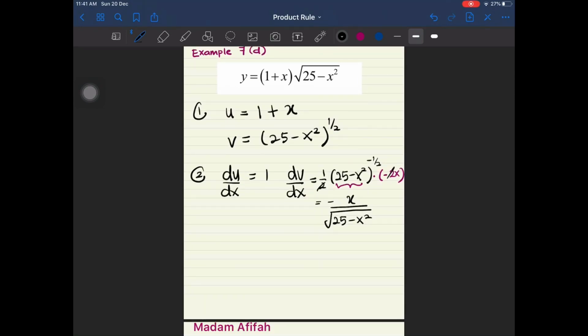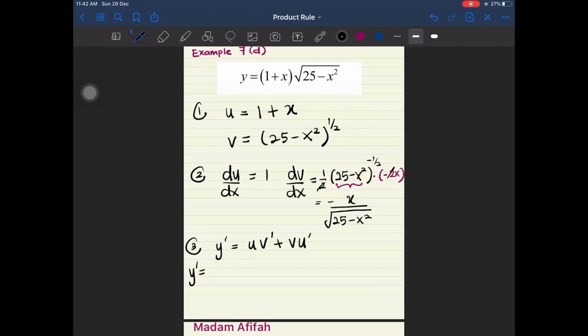By applying the product rule formula, your dy/dx, or y prime, is equal to u v prime plus v u prime.